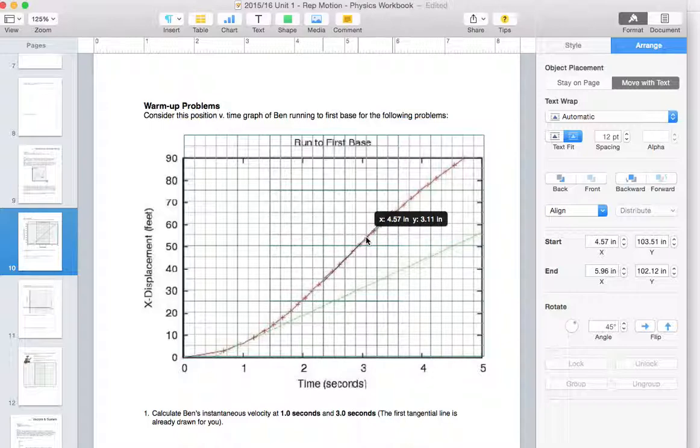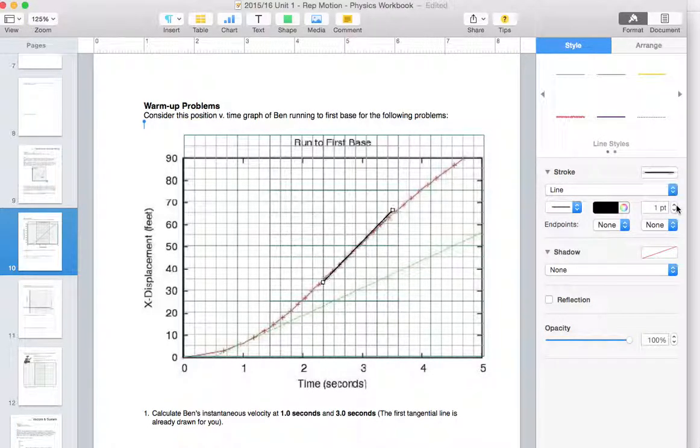And my line isn't perfect that I have here, so I'm going to make it thicker. I'm going to make it a different color. I'll make it blue. And I'm going to make this line really as close to tangential as I possibly can.